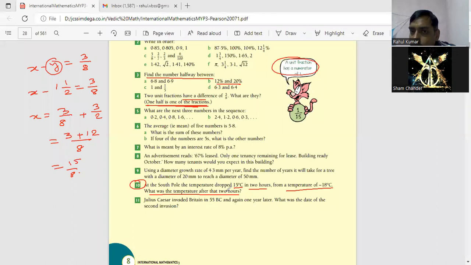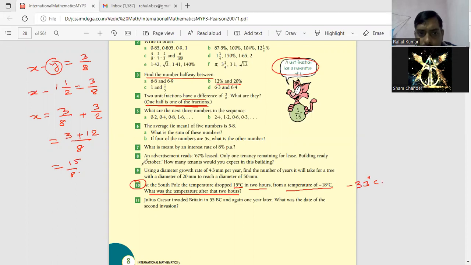So it is minus 18 minus 15, so how much is it? It dropped. So you'll have minus 33, sir. Yes, the answer should be minus 33 degrees C.